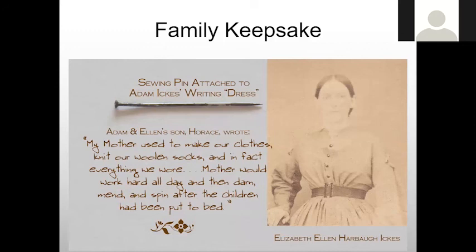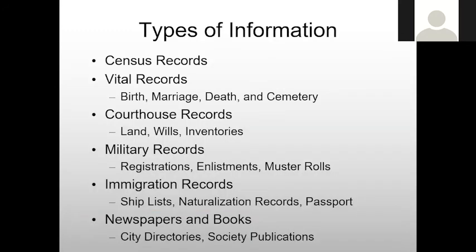This happens to be a document from a friend of mine, and it was a simple pin, but she read some of the stories from her ancestors and from some of the letters that were passed down, and she was able to come up with a brief history of the pin, as well as a photograph of the woman who used the pin. So it can be something very, very small and what we consider insignificant.